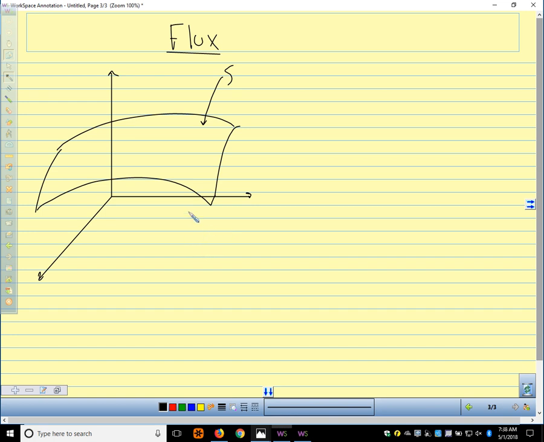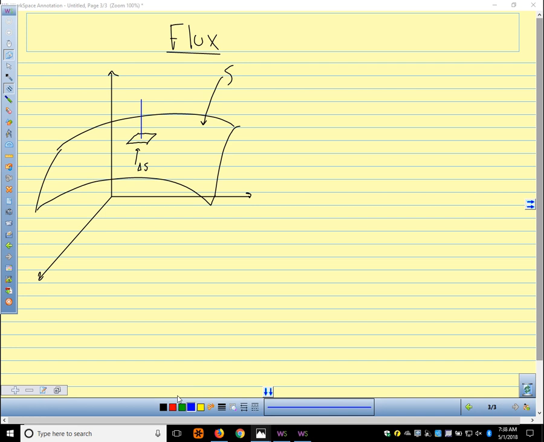What I'm interested in is a little piece of this surface, and we're going to call the area delta S. We're going to imagine this is very small, and we can define a unit normal vector at that point.